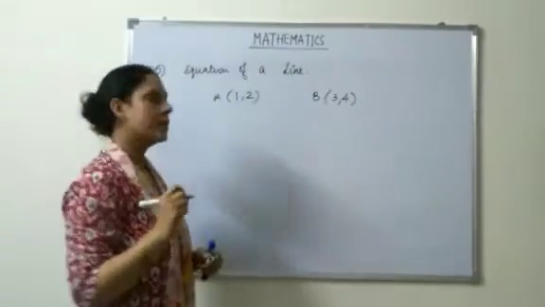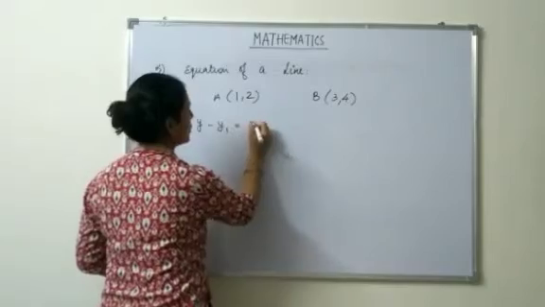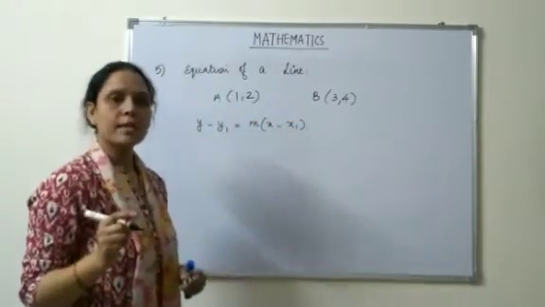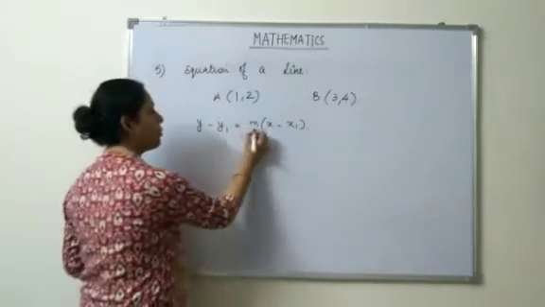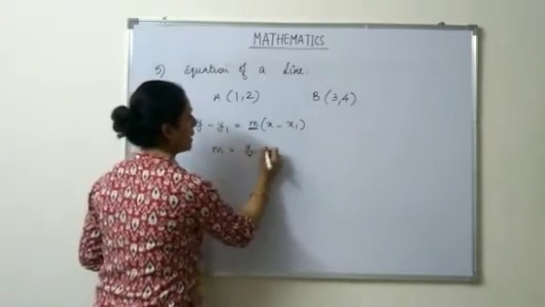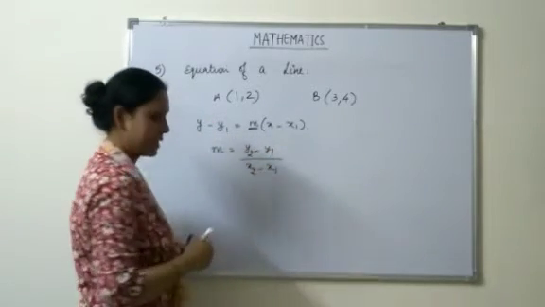So we all know that the equation of a line is given by y minus y1 is equal to m times x minus x1. So in this case, first you have to find out the slope of the line, that is m. So m is given by y2 minus y1 upon x2 minus x1.